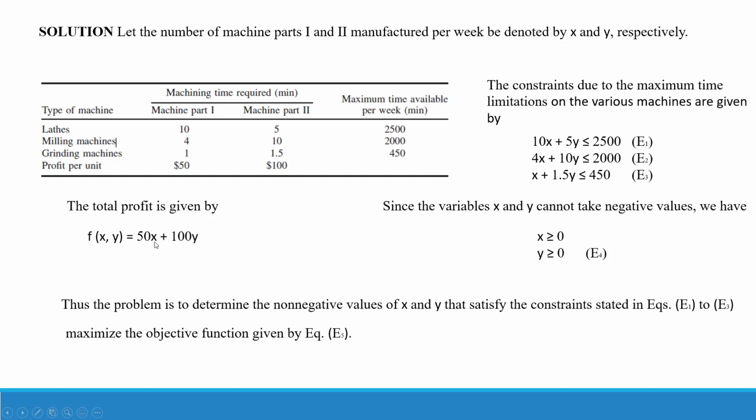How many of each part do we need to produce in the available time to maximize the profit?